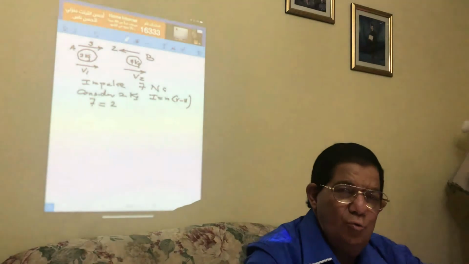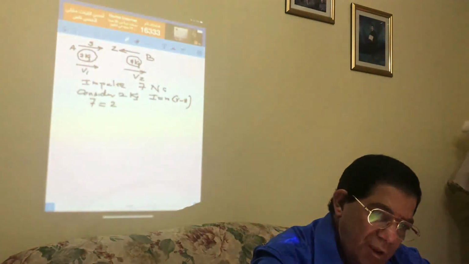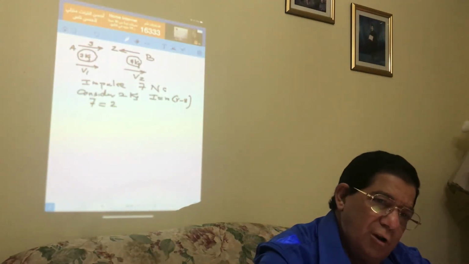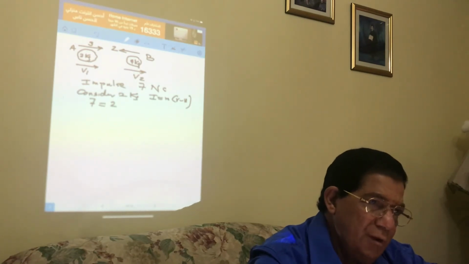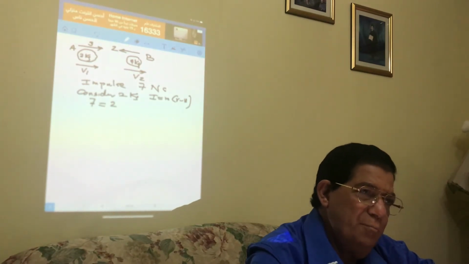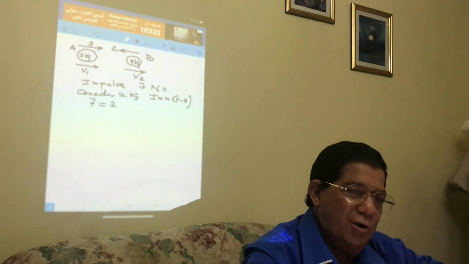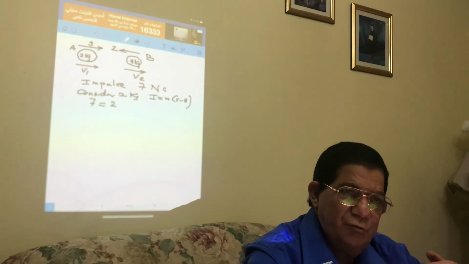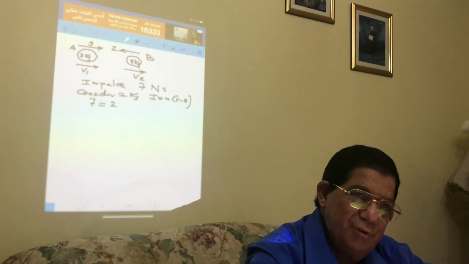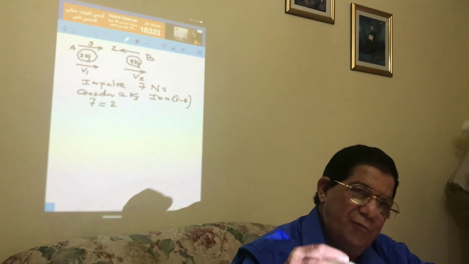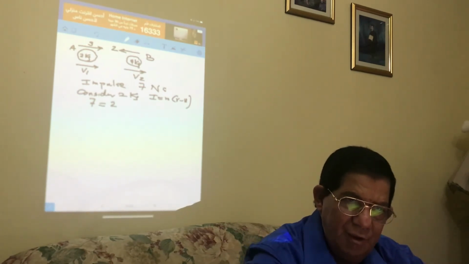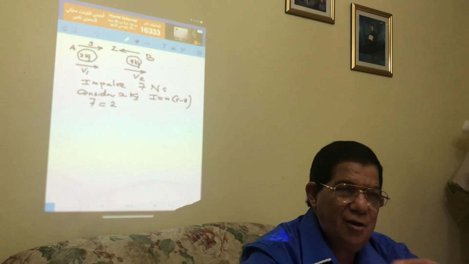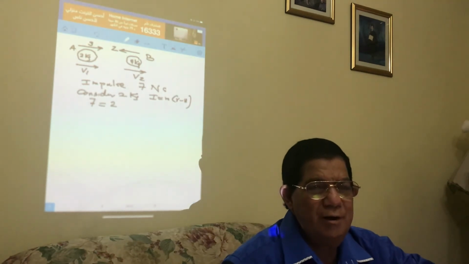We must know one fact. When two bodies collide, like when a car collides with another car, the car behind, the one hitting, its velocity drops, and the car in front, its velocity increases.